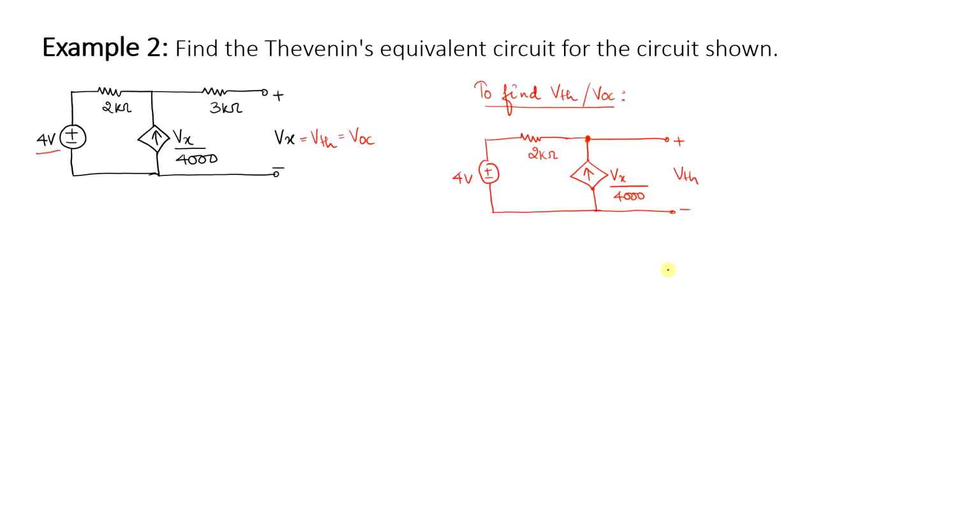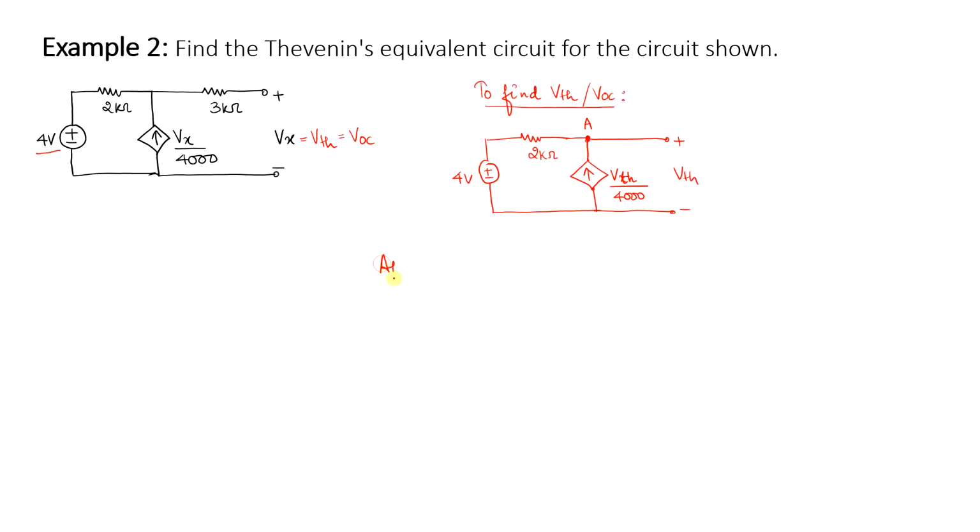Since I have represented this open circuit voltage as V Thevenin, Vx is equal to V Thevenin, which is equal to Voc. I will name this particular node as node A. Since this is a dependent current source, I cannot apply KVL, so I am applying KCL to node A.